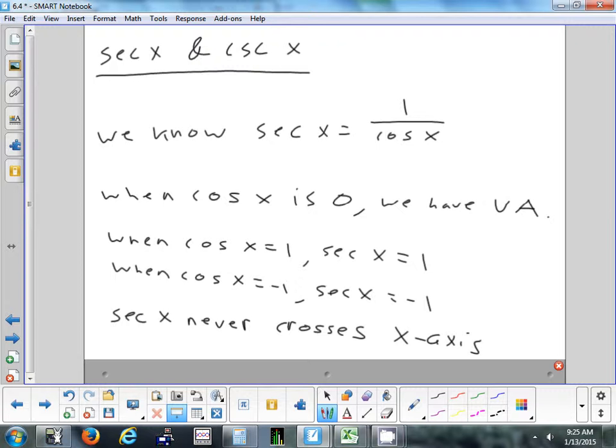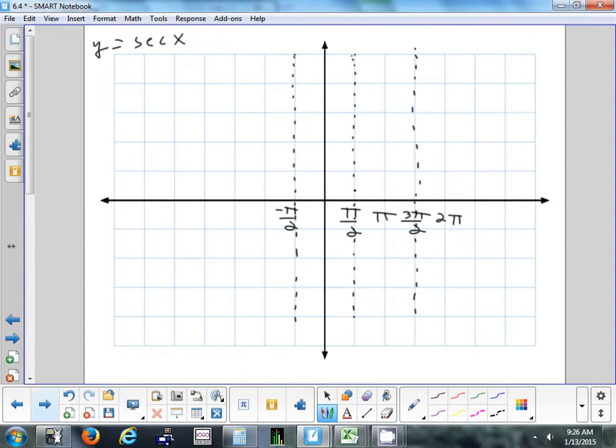Okay, so let's see if we can sketch a few asymptotes and get a picture. Everybody have those facts? Okay, so this one is going to be periodic. It's going to have a pattern. So I've already sketched in some asymptotes.